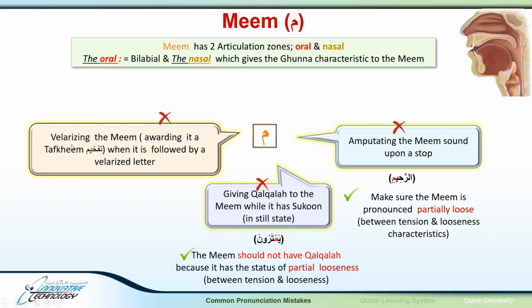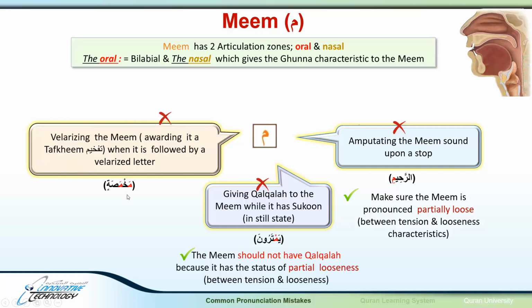The third mistake is velarizing the Mim, which means awarding it a tafkhim when it is followed by a velarized letter. An example of that is Makhmasa. Kha and Sad are velarized letters, حروف مفخمة. So subconsciously the person tends to also add tafkhim, velarization, for the Mim preceding the Kha, or the Mim preceding the Sad.